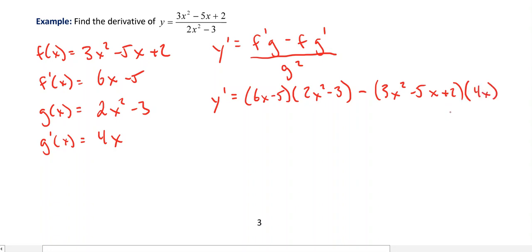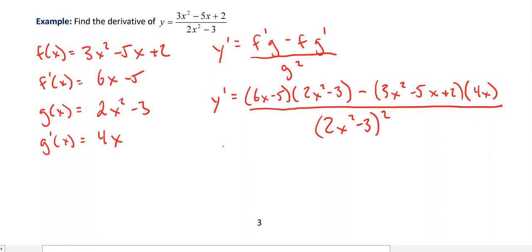And all of that is divided by g squared, which would be 2x squared minus 3 quantity squared. So there's a lot of simplifying going to be going on here. I'm going to move over here a little bit.